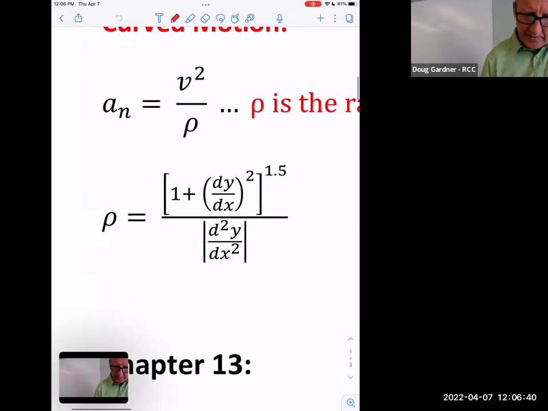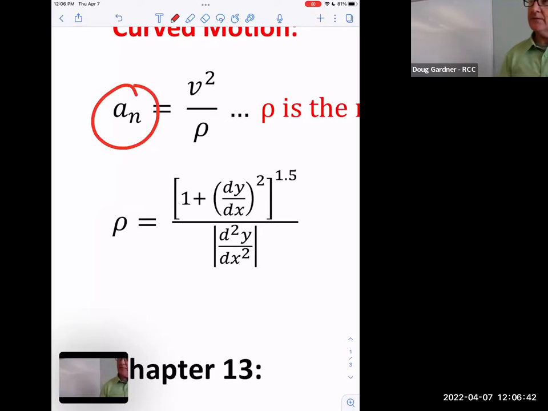Notice this acceleration right here, that's actually telling you A of n, the normal. And what does that recipe call for? If you want to know how much change of direction, kind of force, is on you, notice it's a function of v and rho. Why would that be a function of v and rho?